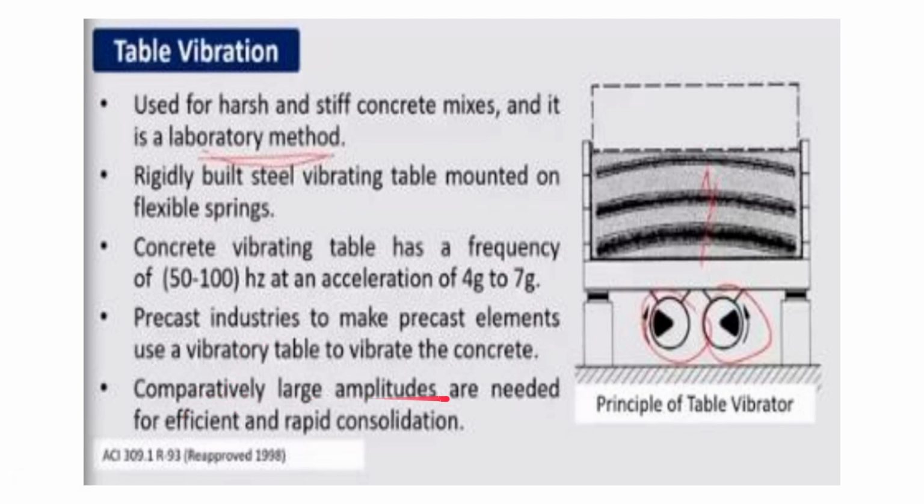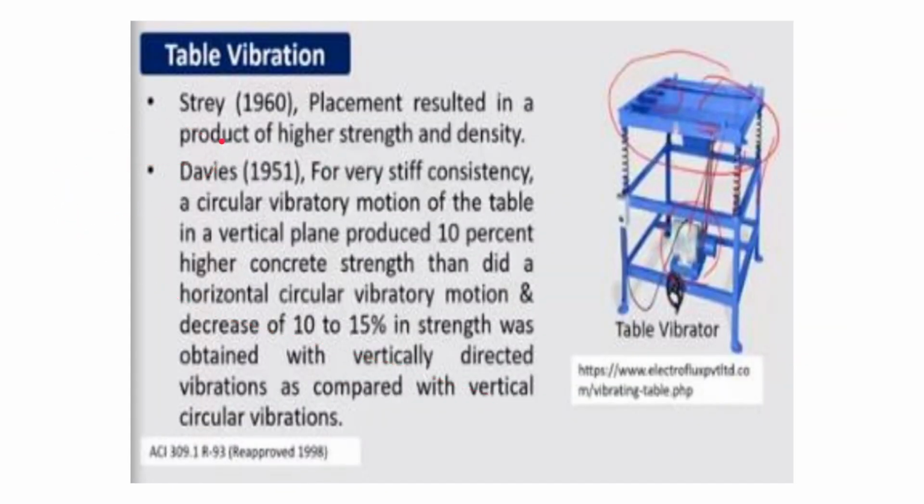Comparatively large amplitudes are needed for efficient and rapid consolidation. So it mainly requires large amplitudes. As per research done by Stray in 1960, placement resulted in a product of higher strength and density.